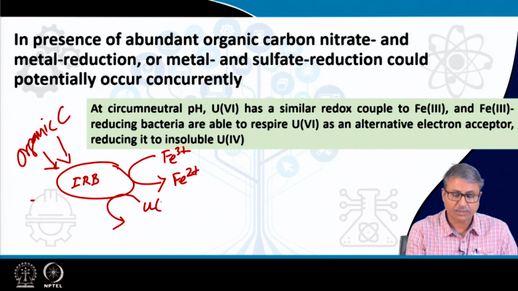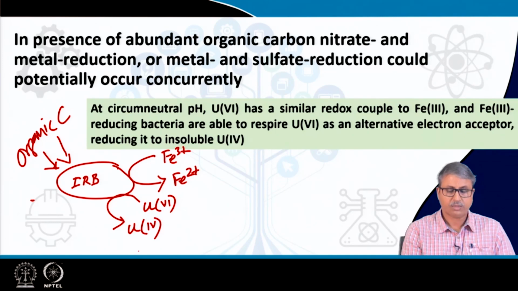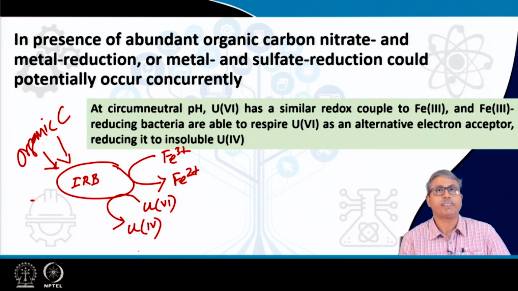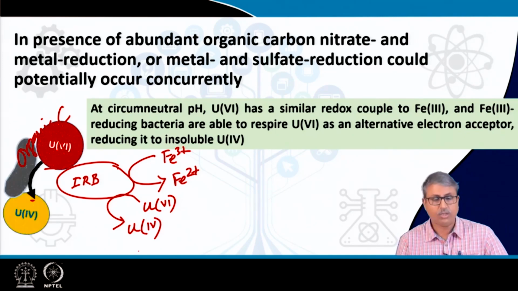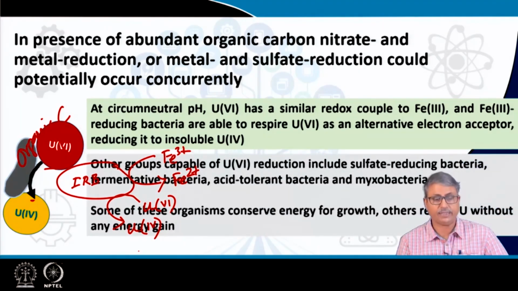So, uranium 6 will be converted to uranium 4. This reaction will happen, and this is true also for many of the sulphate reducing bacteria.